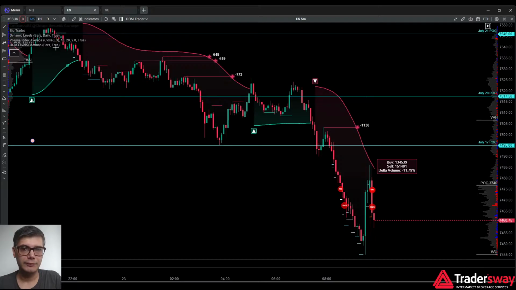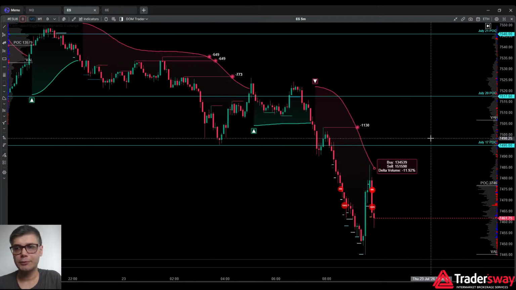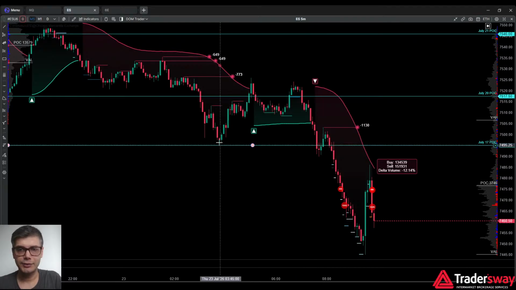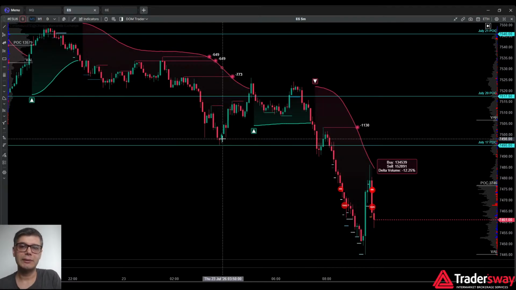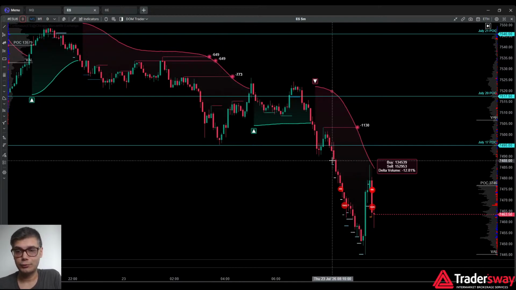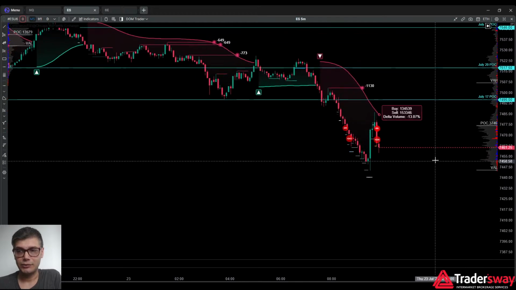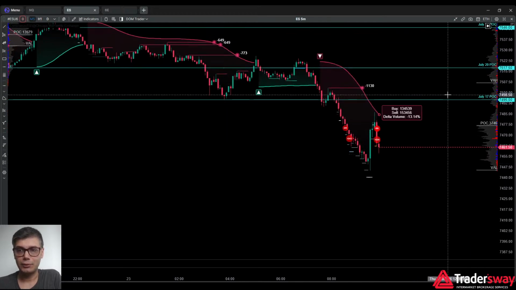And dynamic level is, I don't remove the point of controls because look how the price is reacting. So if I see that bull trap and bear trap and all those things I just explained happening around these point of controls, then that's an A+ setup. So this is the best approval for our strategy.